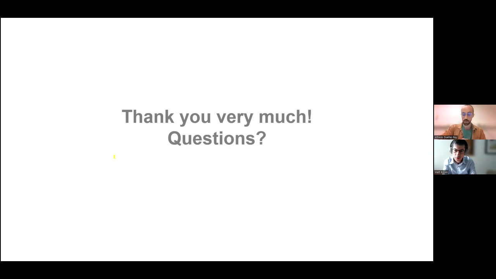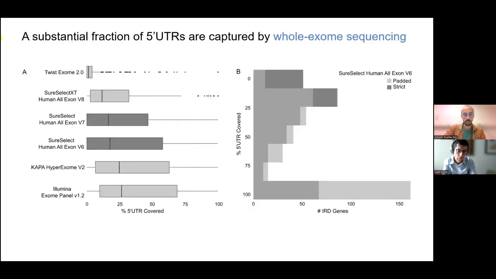Yes, just because of the time constraint, I didn't have time to show our results. We compared the performance of 4 different whole exome sequencing capture kits by different providers, and it really depends on the provider. I have some extra slides here. I don't know if you can still see my screen. Yes, we can. But it really depends on the provider.